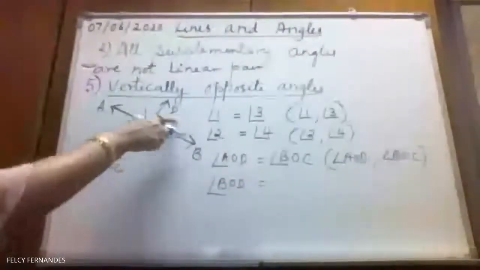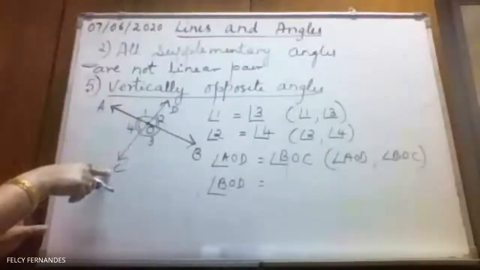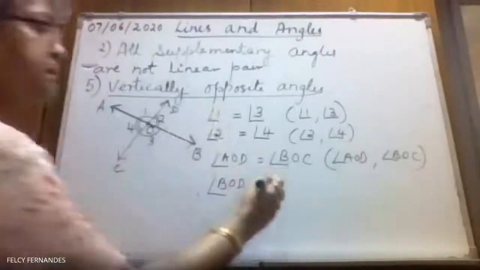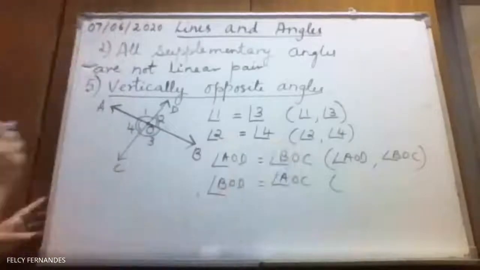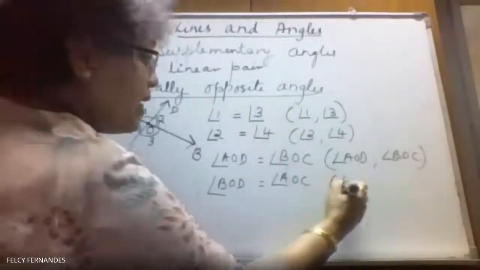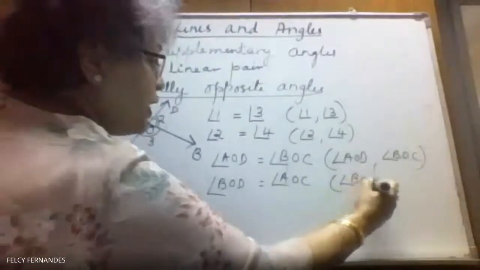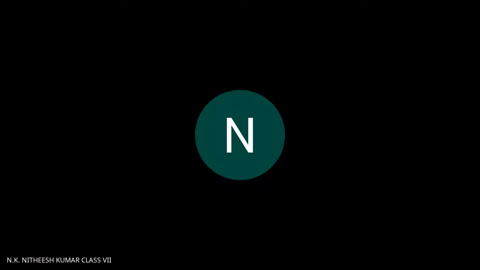And which is my opposite here? AOC or COA. AOC. Therefore, my pair of vertically opposite angles is angle BOD and angle AOC.